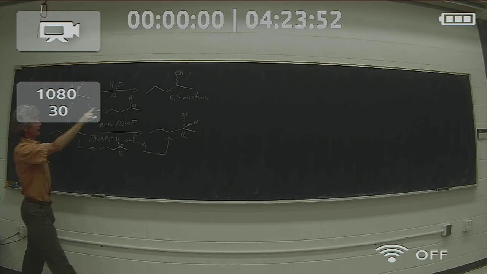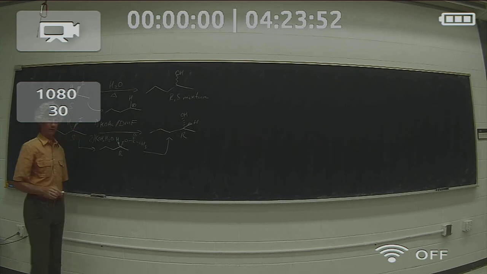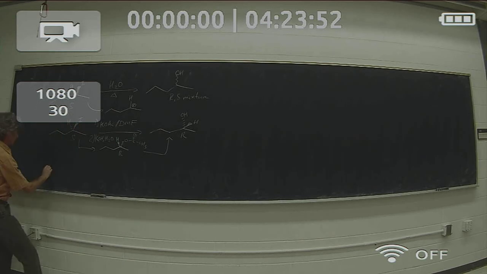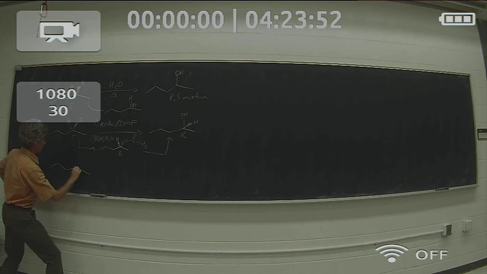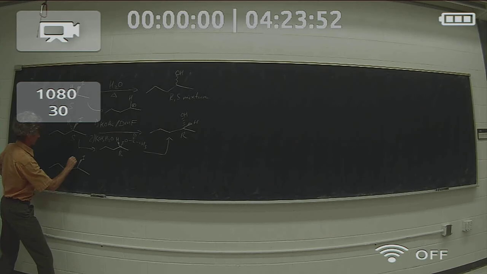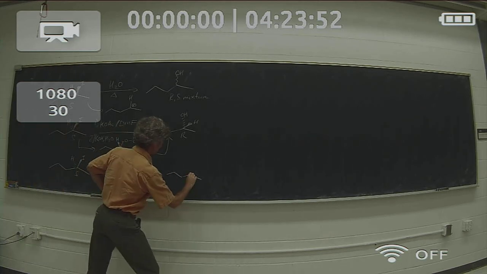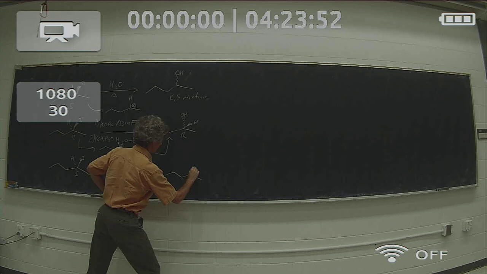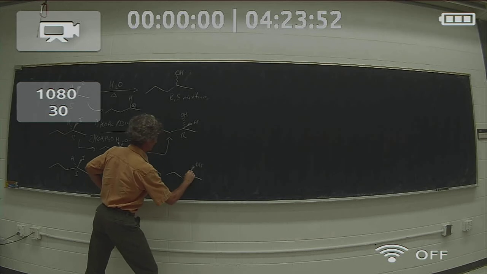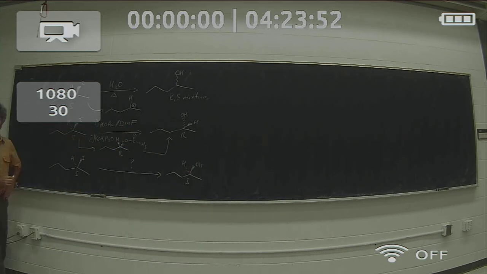So we have a way of making a racemic mixture, and we have a way of making the pure R isomer. But what if we wanted, from the pure S isomer of 2-iodopentane, to create the pure S isomer of 2-pentanol?